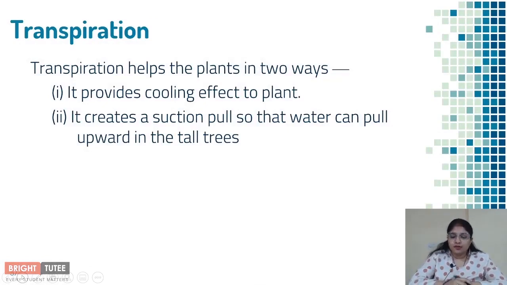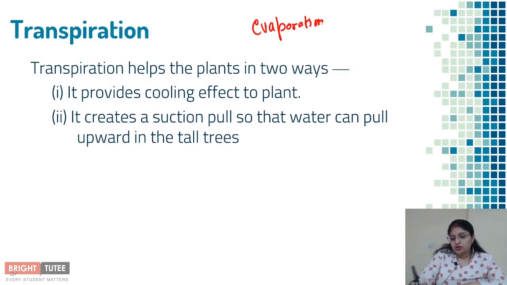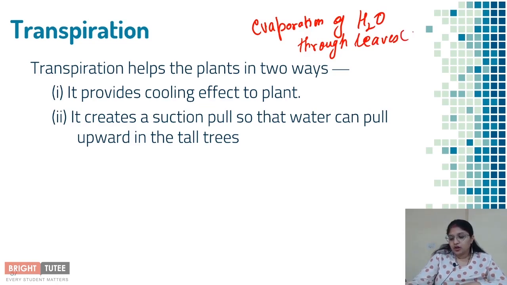Transpiration, first of all, is the process of vaporization or evaporation of water through leaves, right? And through leaves, we know that transpiration occurs through stomata. So whenever there is excess water, the stomata open up and transpiration takes place.